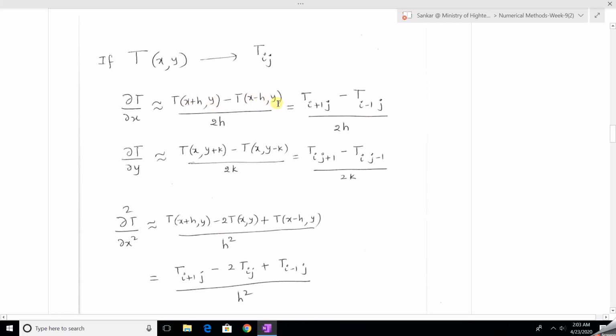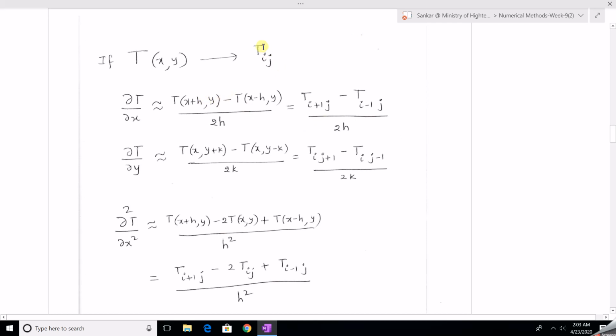We keep y constant as it is. Therefore, the central difference formula for the partial derivative with respect to x will be T of x plus h, y minus T of x minus h, y over 2h. Here T depends not on one variable x, T depends on two variables x and y.